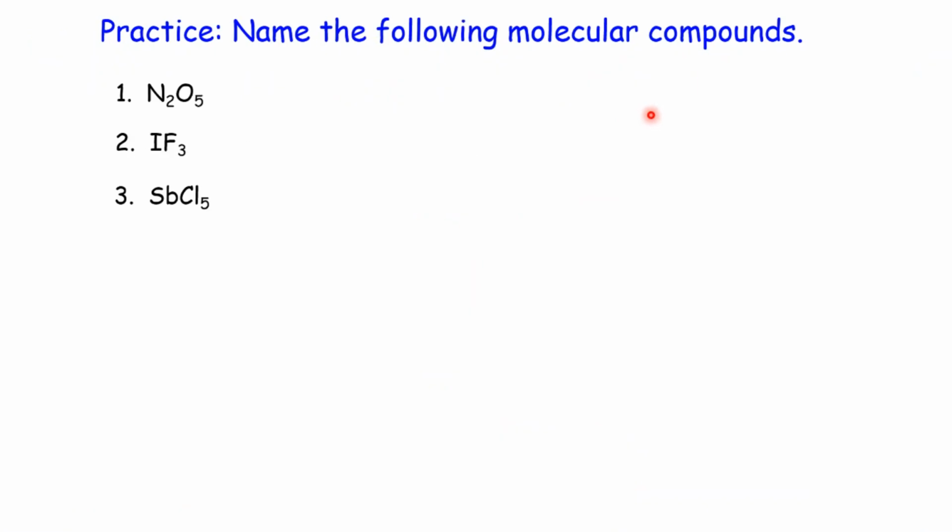More practice. Name the following molecular compounds. This is from formulas to names. We have 2 nitrogen and 5 oxide. Therefore, it should be dinitrogen pentoxide.